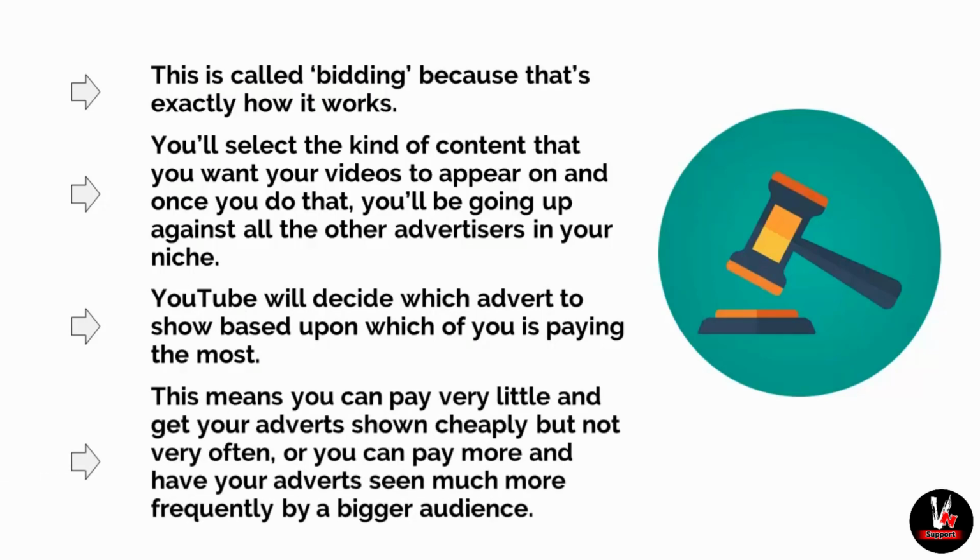So this means that you can pay very little and get your adverts shown cheaply but not very often, or you can pay more and have your adverts seen much more frequently by a bigger audience. Of course, the amount that you're able to pay is likely to be dictated closely by the amount that you stand to earn from each video and how effective your campaign is at driving sales and profits.